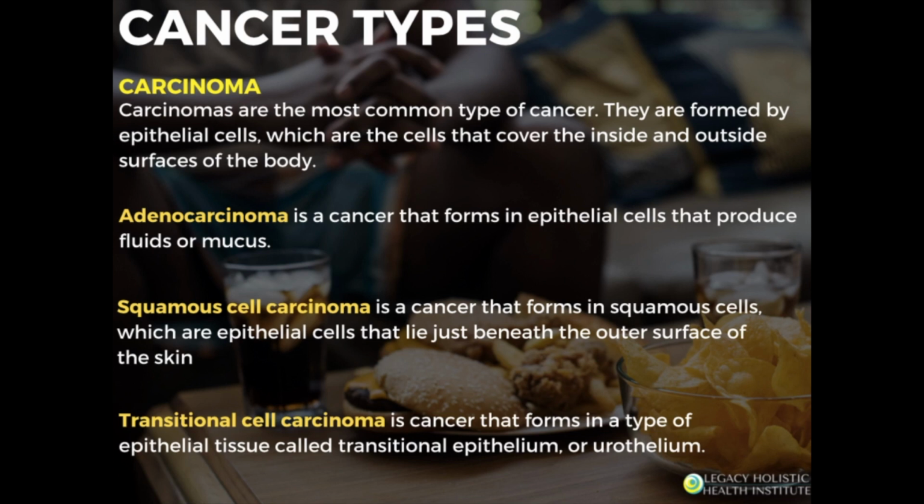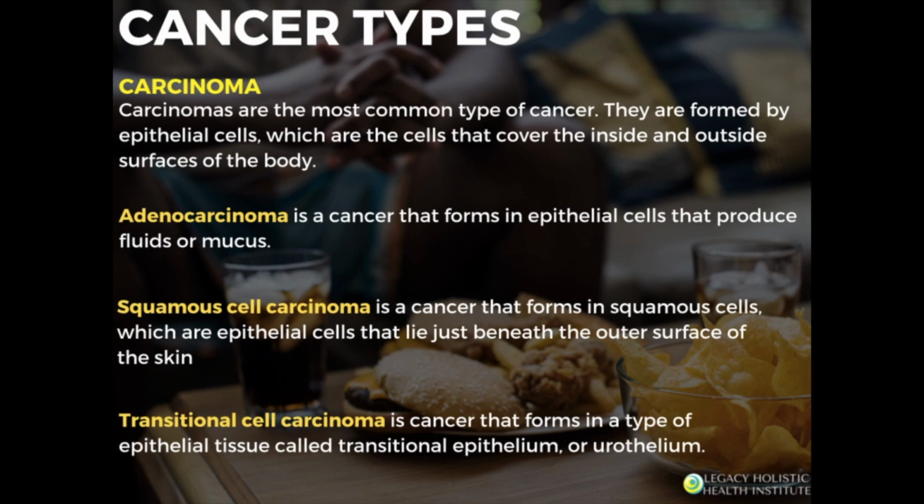Carcinomas that begin in different epithelial cell types have specific names. For example, adenocarcinoma is a cancer that forms in the epithelial tissues that produce fluid or mucus. Tissues with this type of epithelial cells are sometimes called glandular tissues. Most cancers of the breast, colon, and prostate are adenocarcinomas.